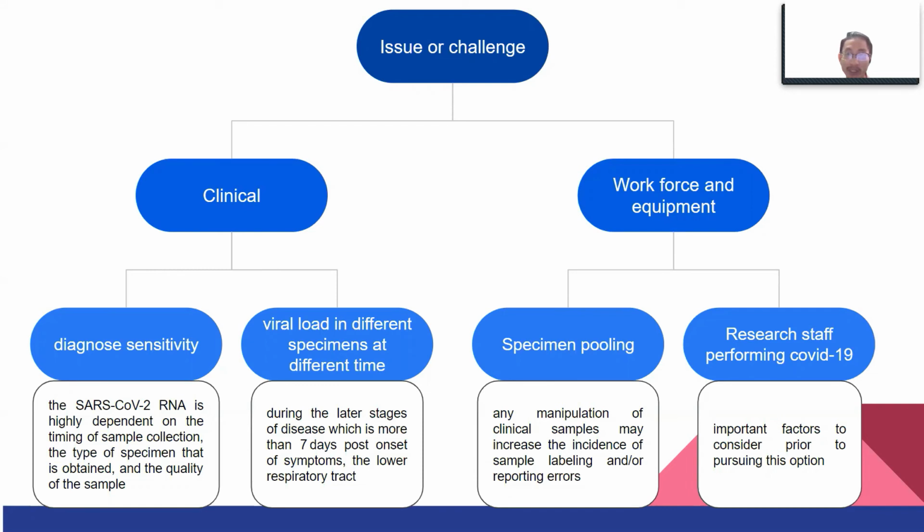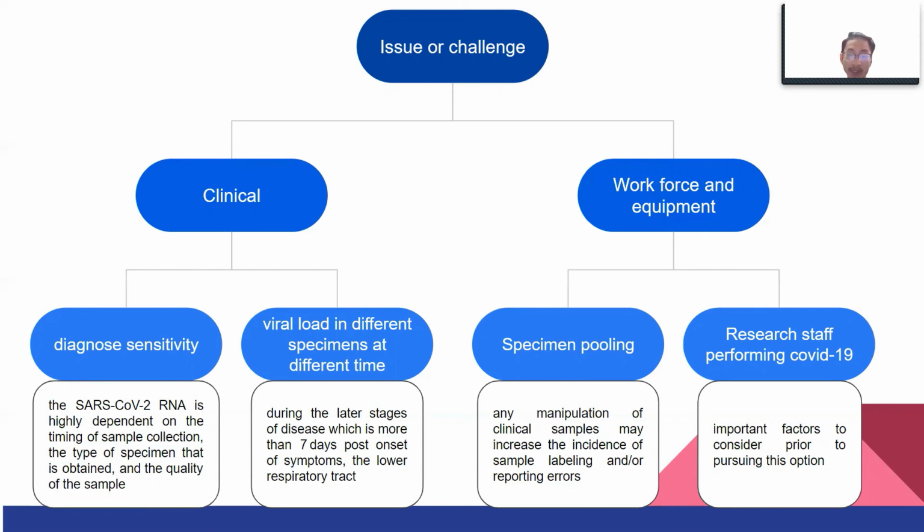And then the workforce and equipment issue. The challenge is the equipment and also the workforce. Because COVID-19 spread very quickly, there is low or insufficient equipment. So the method they use is specimen pooling. In specimen pooling, they take individual samples from 6 different people and run them in one PCR test.